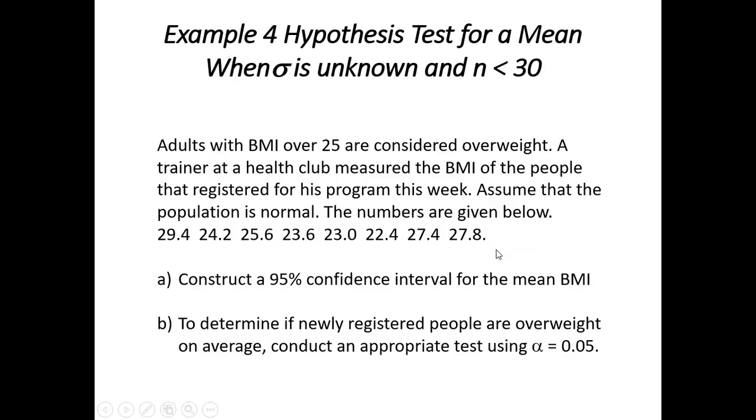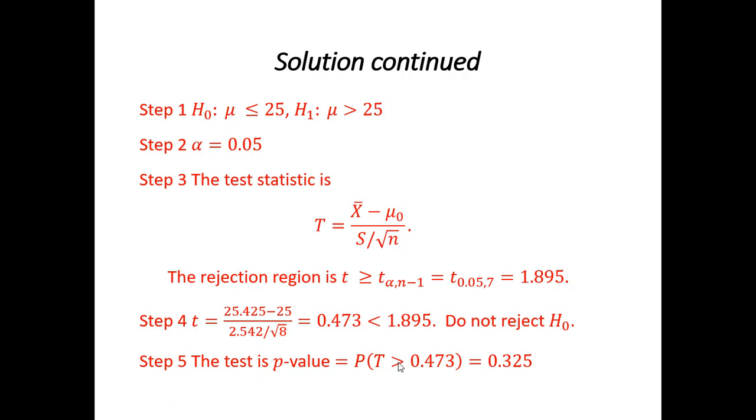Okay, for part B, we want to run a hypothesis test to see if newly registered people are overweight on average. So remember, this is a test involving mu, an average. So we want to conduct the appropriate test. So we set up our hypotheses. We want to know if the average is greater than 25, right?